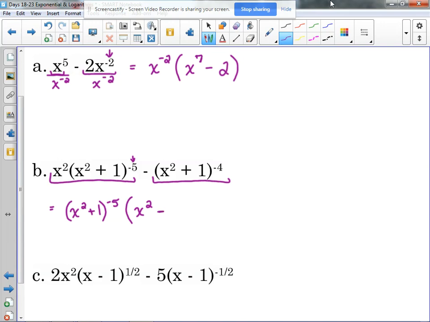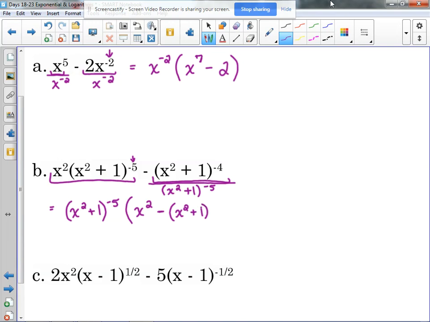We've got a minus. When we pull it out of the second term, again, it may be helpful to write it this way, divided by (x squared plus 1) to the negative fifth. We have the same base. It's a big base, more than just a single term, but we do have the same base, so we subtract exponents. Negative 4 minus negative 5 is actually negative 4 plus 5, so that's just x squared plus 1 to the first.